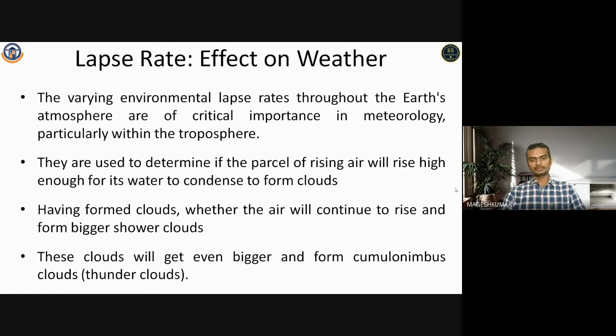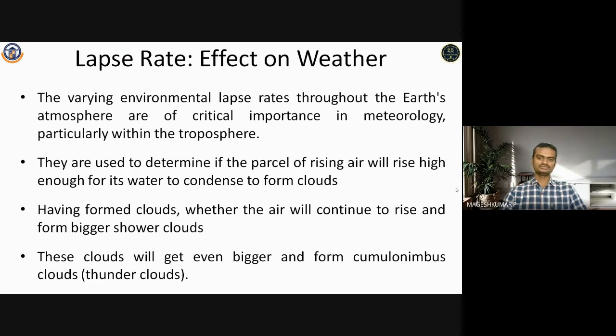and they are used to determine if a parcel of rising air will rise high enough for its water to condense into clouds. So this air parcel rises high enough, it contains some water vapor, and that condenses to form clouds. You can also determine whether it goes further upwards in the atmosphere and forms bigger shower clouds.